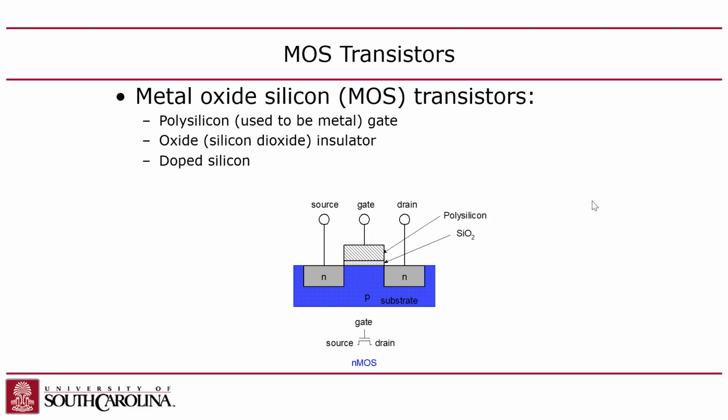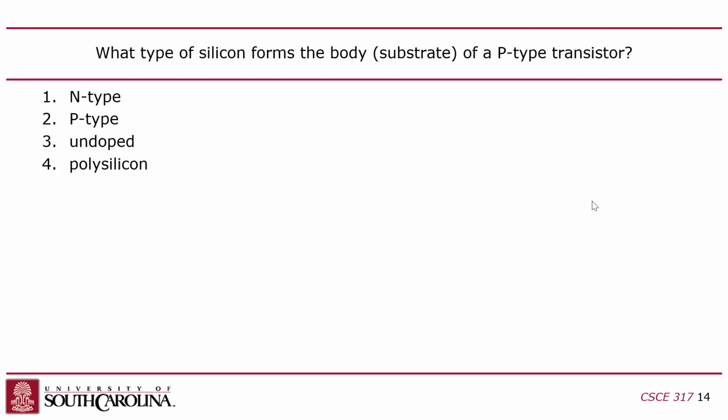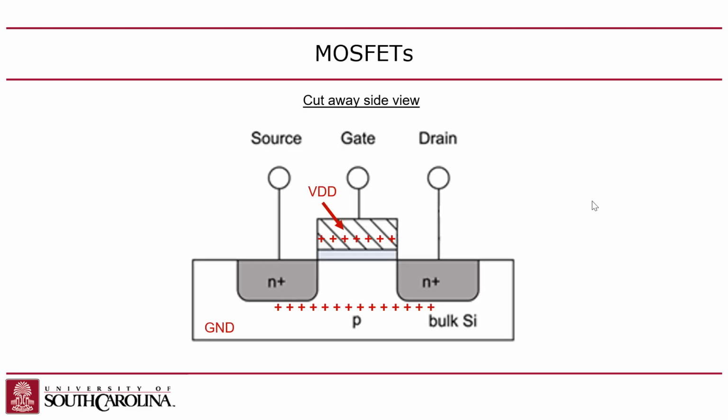And then you end up with this diode, right? Because you've got the substrate, and as long as the substrate is grounded, then you get these reverse bias diodes, right? Okay, and then you have the gate, which is in between the two diffusion areas, and then the channel is under the gate, right? So basically, if you want to turn this transistor on, you apply a positive voltage to the gate, right?